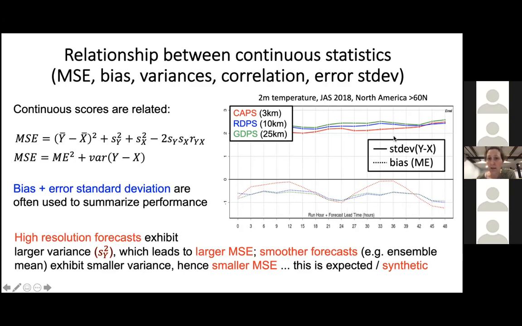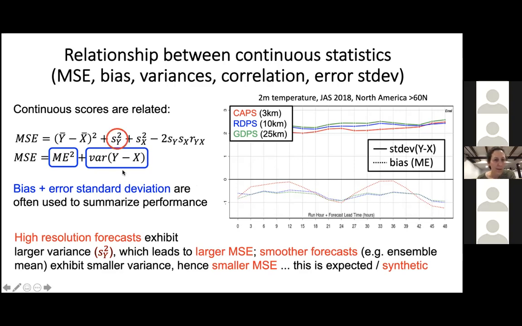And the continuous curves are the error standard deviations, and the dotted curves at the bottom are the biases. So here are these two terms in blue. And when you have to look at several forecasts, this is a good summary statistic.